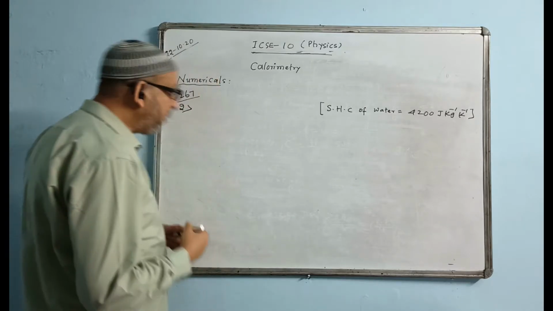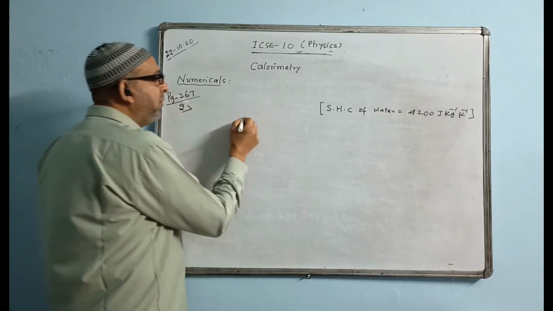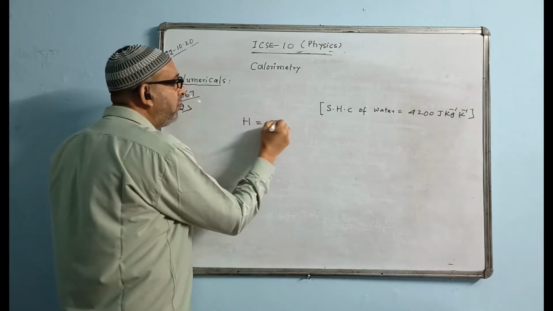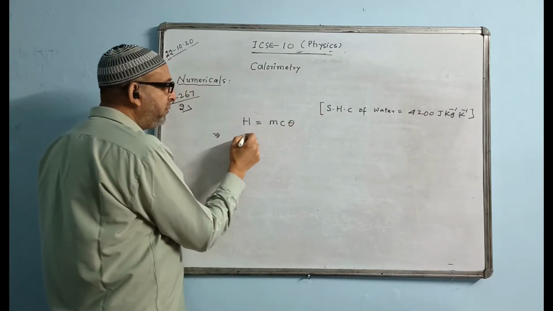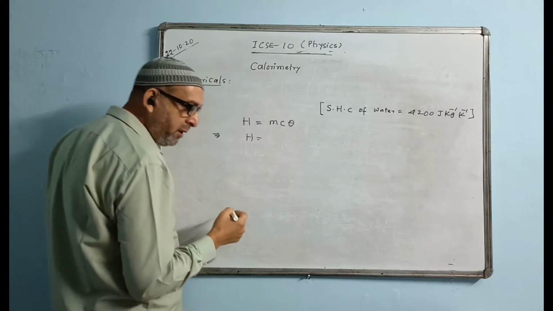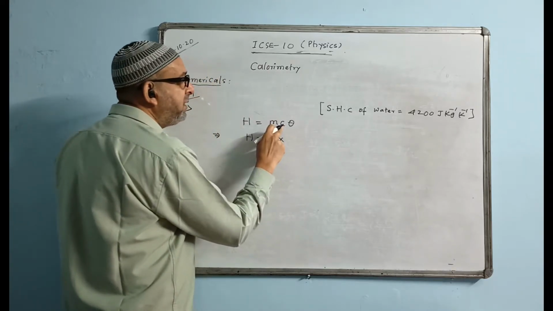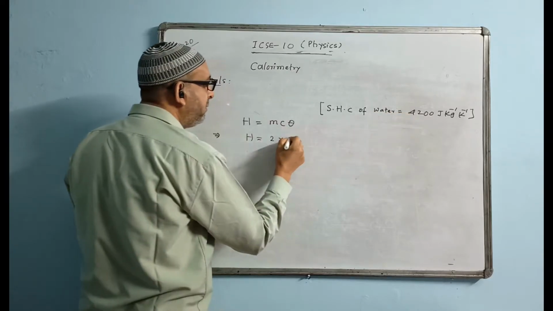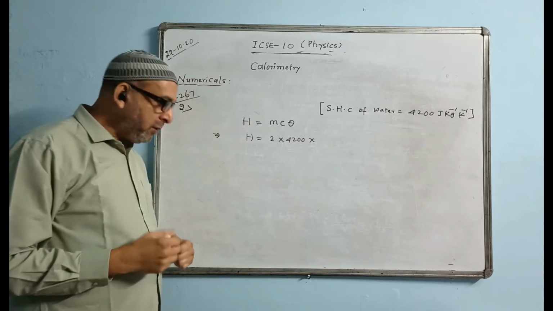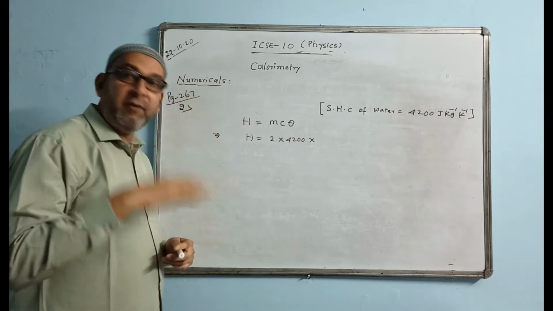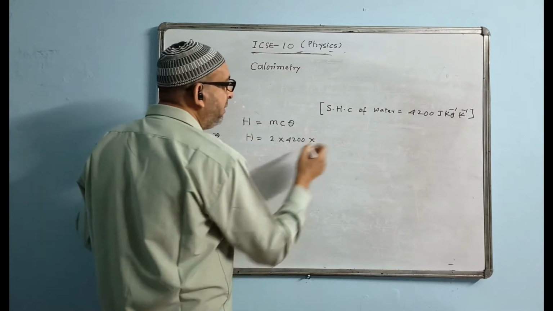So this is quite a simple question. They are asking to calculate the amount of heat energy needed, so we will use the formula H is equal to m c theta. Mass of water is 2 kg, C is given as 4200. Theta is the difference of temperature: 10 degrees becomes 50, so the difference is 40, that is 50 minus 10.